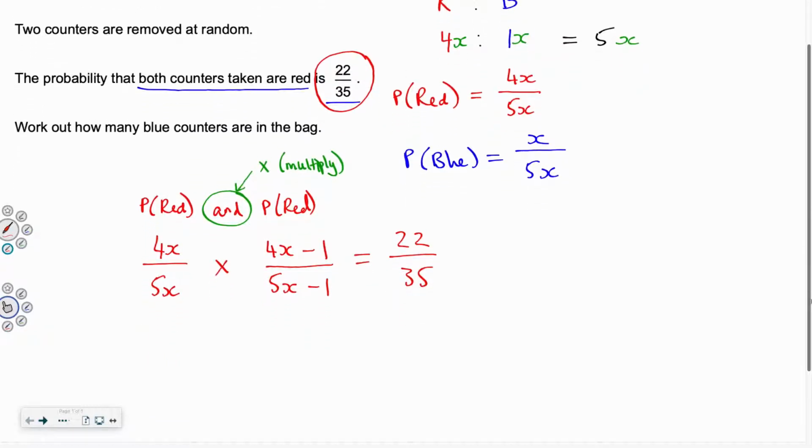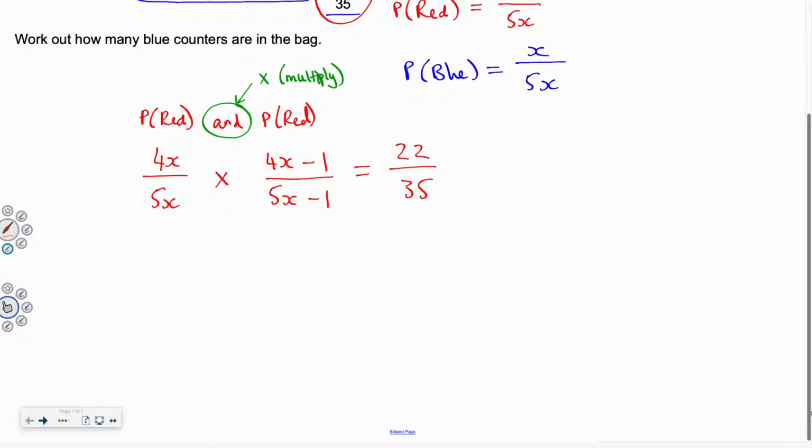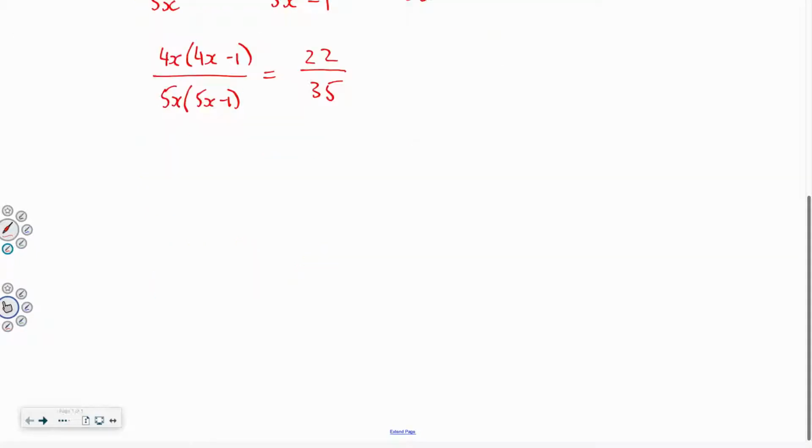And all we're going to do now is simplify and solve for x. So we're multiplying fractions, so we just get top times top and bottom times bottom. So 4x times (4x minus 1) will be the top. And on the bottom, we will have 5x times (5x minus 1). And that's still equal to 22 over 35. Now what we can do is distribute the 4x with the 4x here and the 4x with the minus 1, the 5x with the 5x and the 5x with the minus 1.